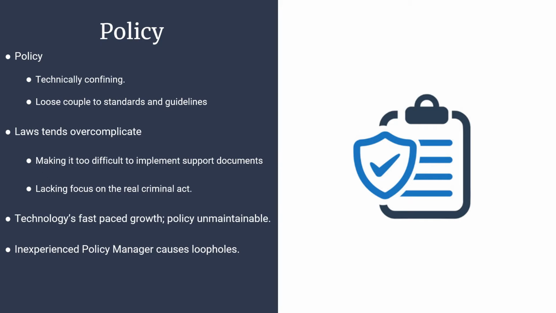The second part is that technology is growing at such a rapid pace that it's hard for organizations to keep the policies current. And lastly, the inexperienced employee who's writing the policy may not have the skills or the managing necessary to do the job to write a thorough policy, thus creating loopholes.